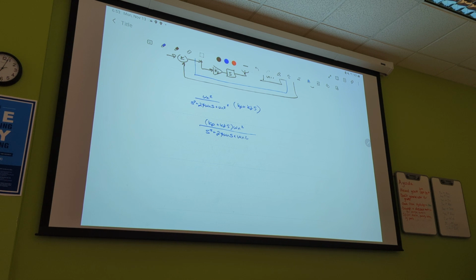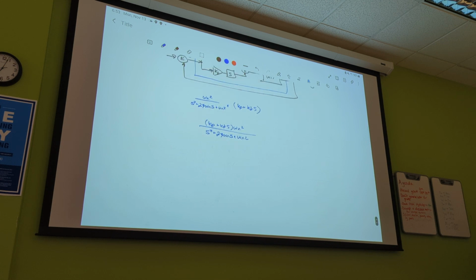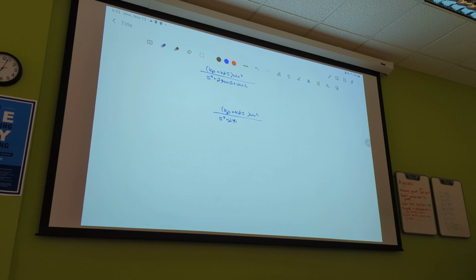Well, that's not the closed loop, that's the combined feed forward transfer function. Since we have unity feedback, the closed loop is going to be this transfer function over 1 plus the feedback, which is 1, times the feed forward.